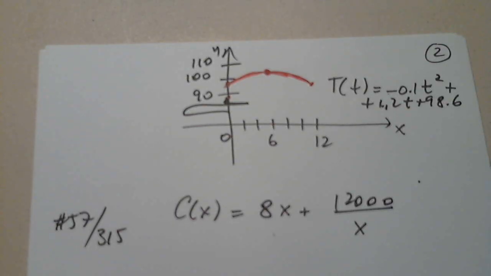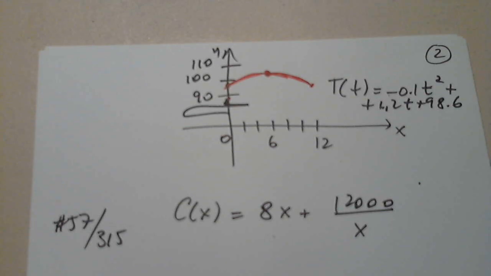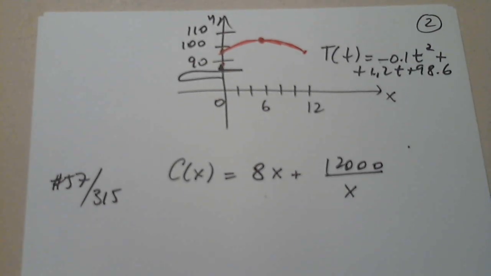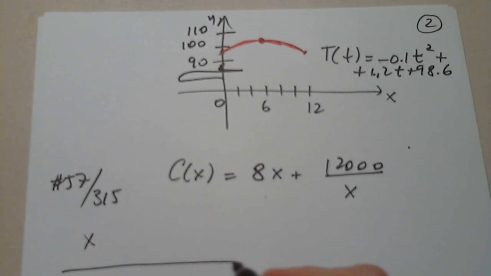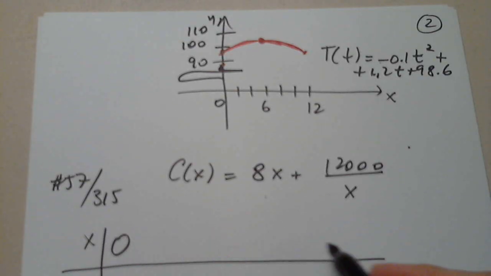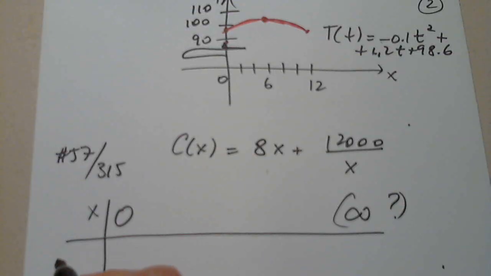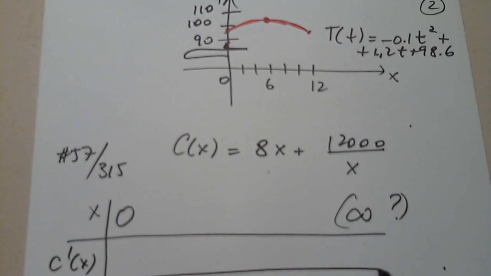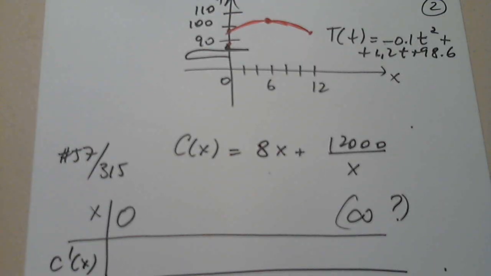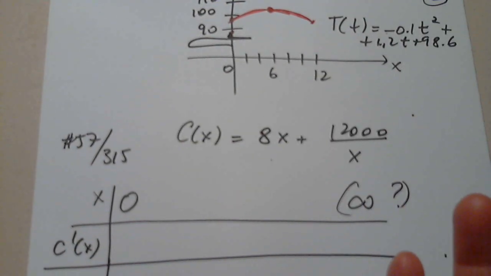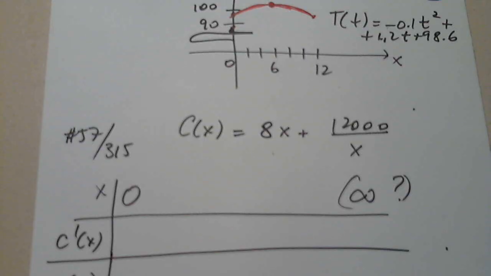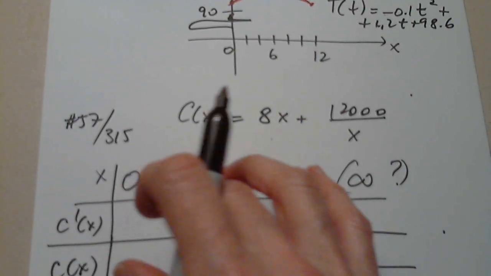Okay, so they're giving us this function. They're asking us find the minimum. What do I have to do first? What do I have to find? Of course, it's not infinity, but you know what I mean. What do we need to find first? Since it's asking us for a max and min, there is no real need of the second derivative, because they only want us to find max min.